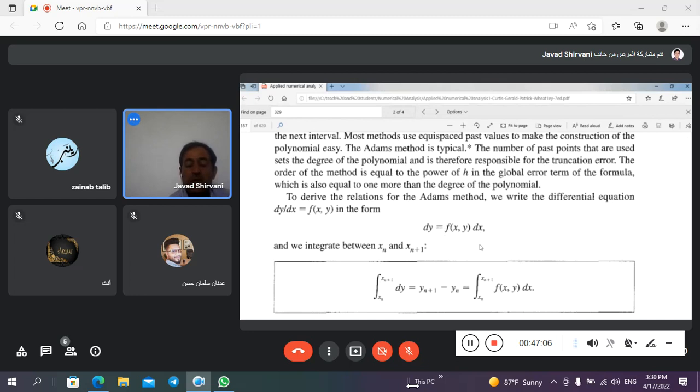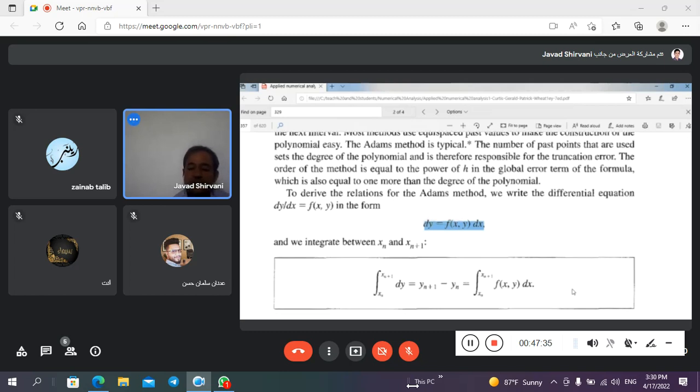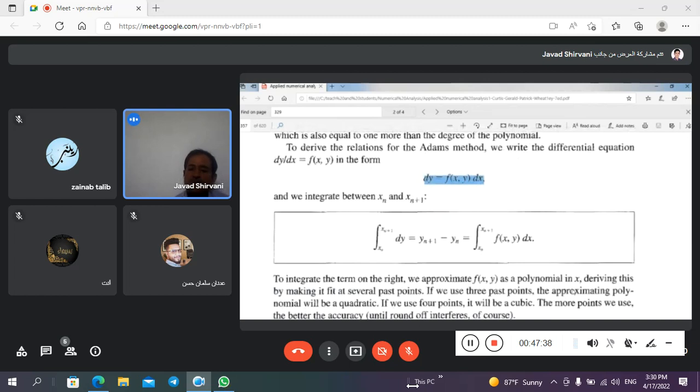Taking the integration of the right side of this equation, which I highlighted in blue, we have the integral from xn to xn plus 1 of f(x,y) dx.